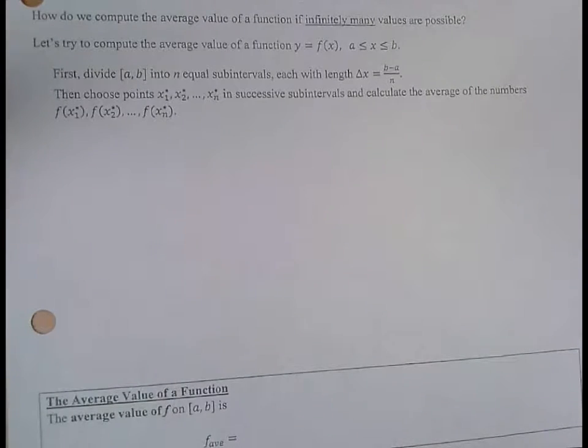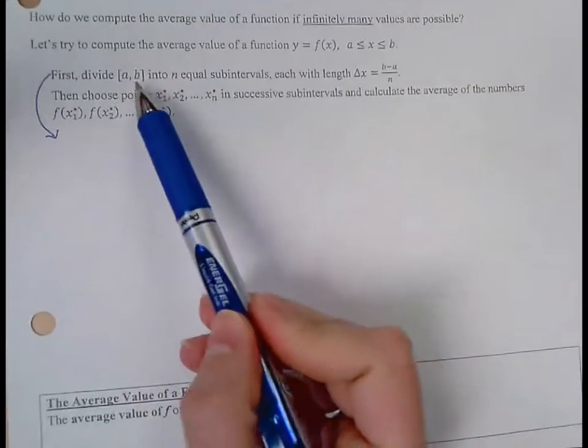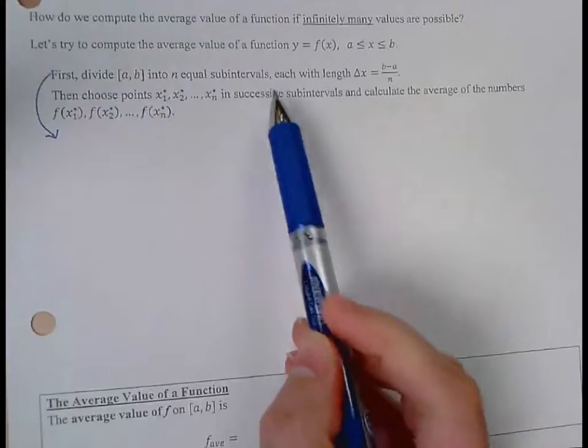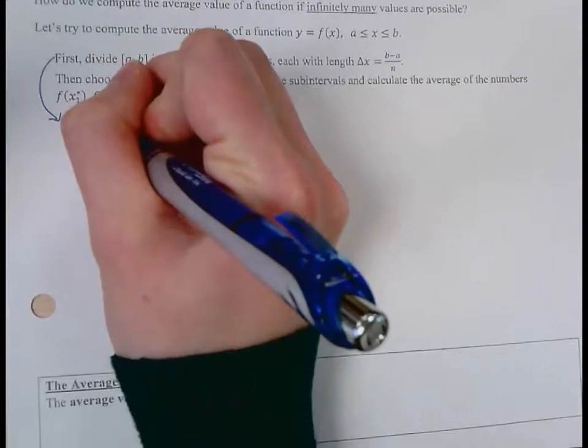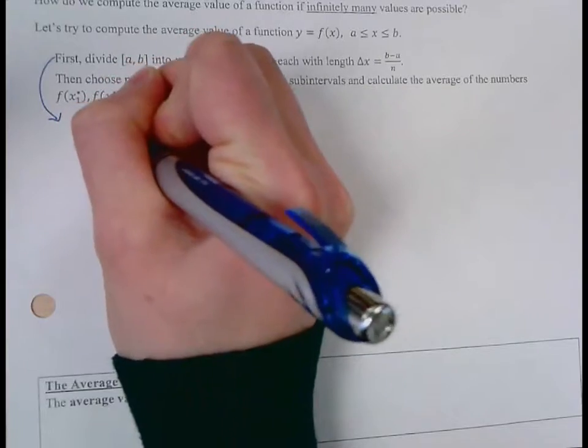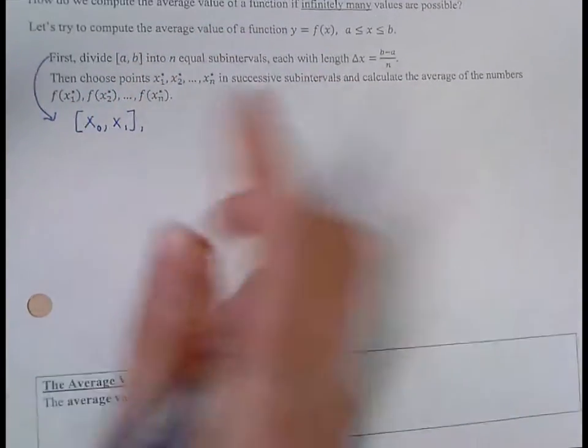So you choose sample points from successive subintervals, and you calculate the average of the function values you get using those sample points. I'm going to write this out to help it make more sense. If we divide a to b into n equal subintervals, I'll just list a few. We start with the interval x sub 0 to x sub 1, where x sub 0 would be your a value.